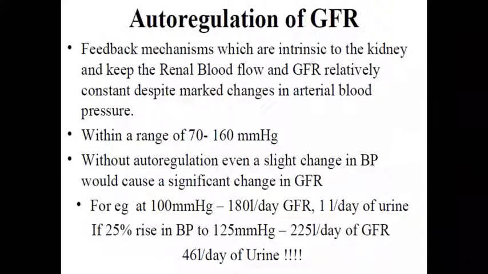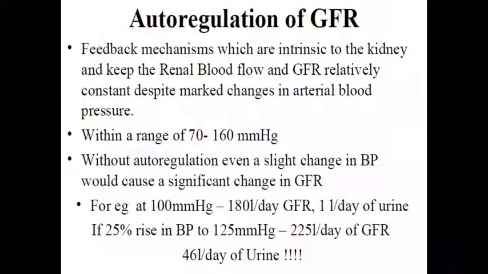So you can have some variations in the arterial blood pressure, whether you are hypertensive, hypotensive, or normotensive, but the kidneys, which are involved in excretion, need to maintain the normal range of filtration rate. So that filtration rate has to be maintained. We have these intrinsic feedback mechanisms that prevent major changes in the renal blood flow and also the glomerular filtration rate.